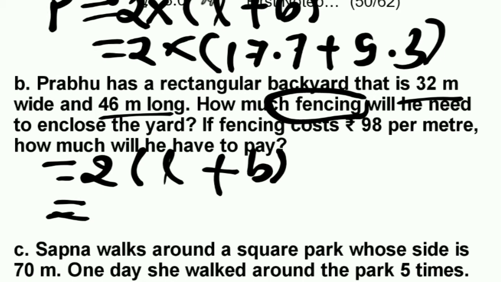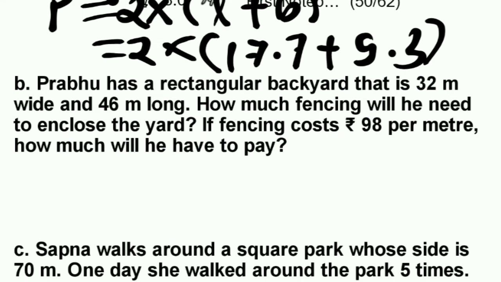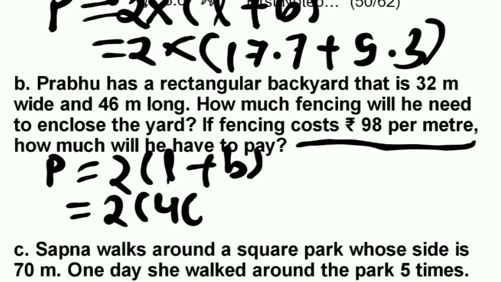But here one more thing we have to do in this one. After finding the perimeter, we know that one more thing is there. If fencing costs rupees 98 per meter, so first we can solve this question. Okay, perimeter equals 2 into L plus B. Okay, so that will come 46 plus 32.